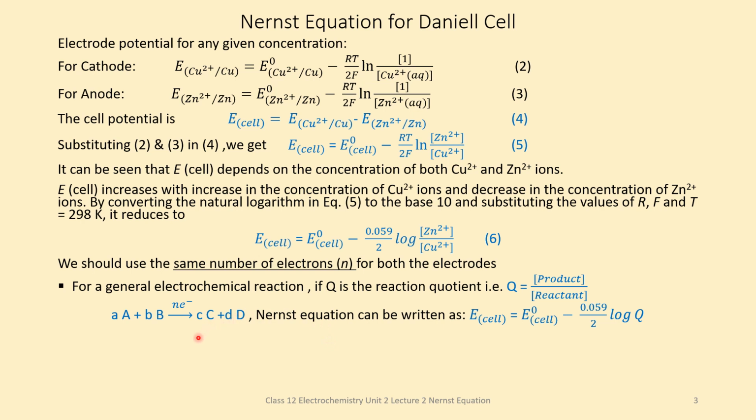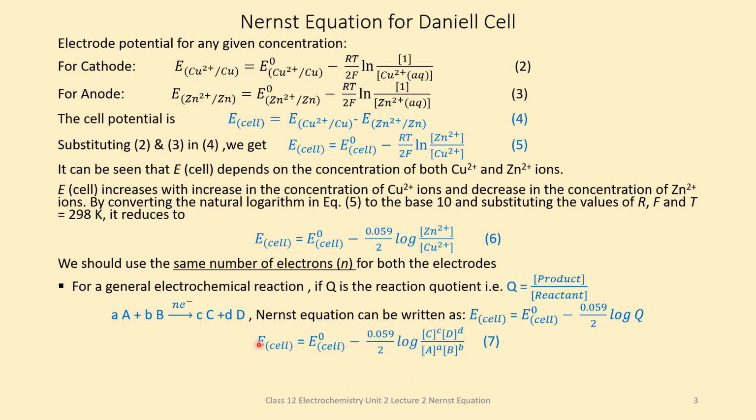And for this electrochemical reaction, the Nernst equation can be written as E of cell is equal to E naught cell minus 0.059 over n into log of capital C to the power of c, capital D to the power of d. That is the product, and the reactants are on the left side.